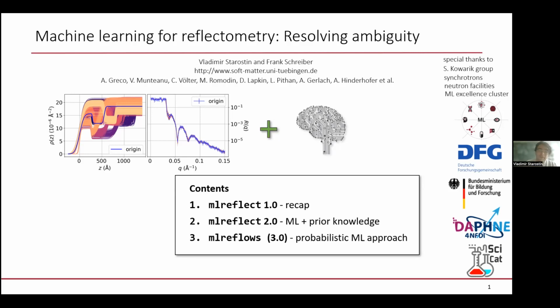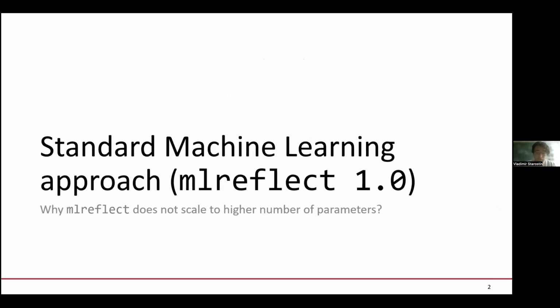So to fully resolve the ambiguity issue, we introduced the third iteration of our software, which we call MLReflows, which is based on the normalizing flows technique, and we'll explain how it can speed up Bayesian analysis of reflectometry. So let's start with this first standard approach introduced by Frank, and show you why it doesn't scale to a high number of parameters.